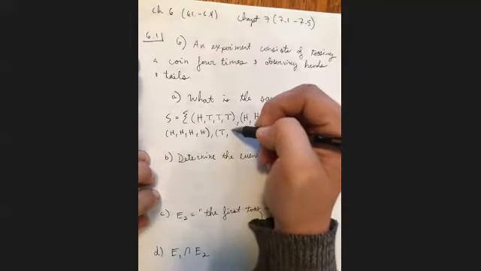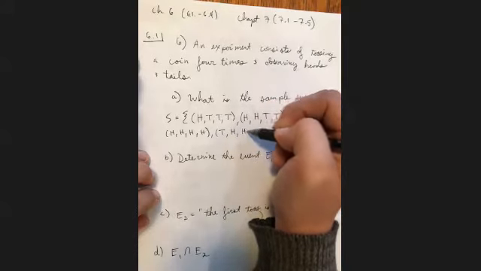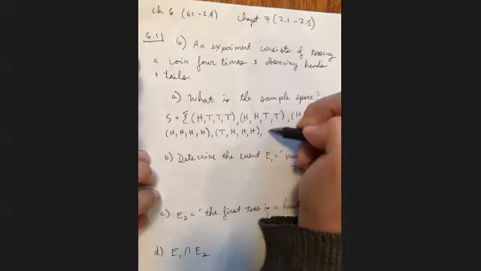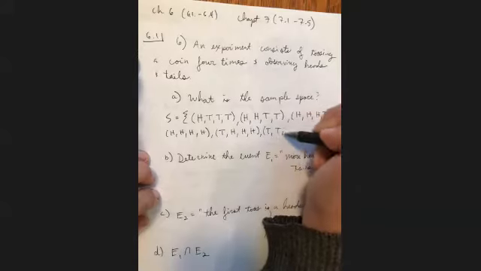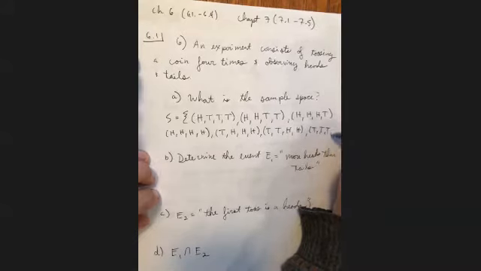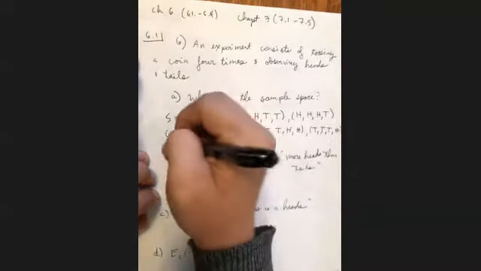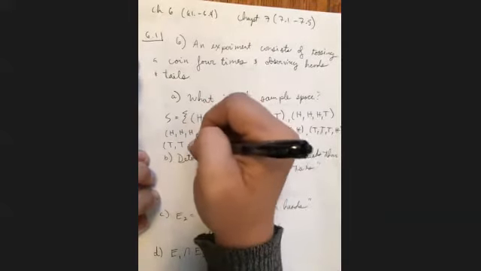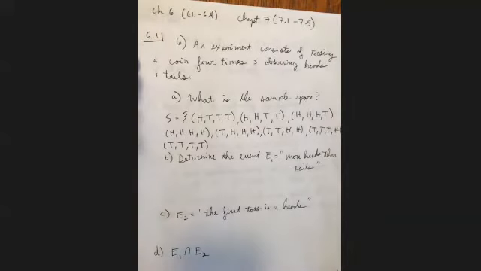We could have a tails and 3 heads. 2 tails, then 2 heads. 3 tails and heads, or all 4 tails. Okay. So that means we're halfway through this.